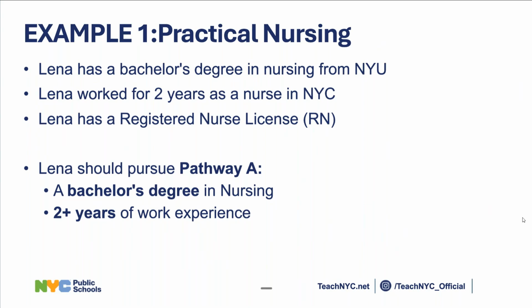Note that according to the New York State Education Department's requirements page, a registered nurse license is required for all pathways to become a CTE practical nursing teacher, even where an industry license isn't listed as a requirement. This is why it is important to carefully check the requirements page for your industry area and pathway.